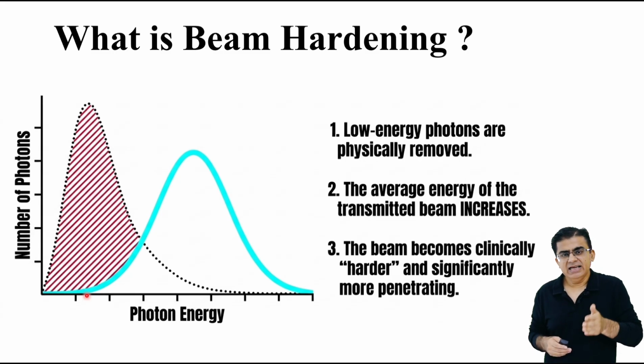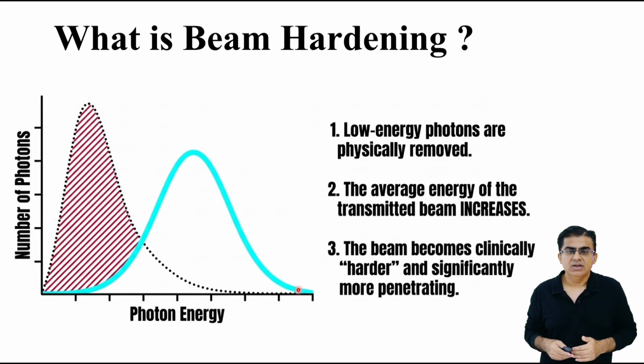If you permanently remove the weakest members from any group, the overall average power of that group naturally goes up. Therefore, the average energy of our transmitted X-ray beam strictly increases.